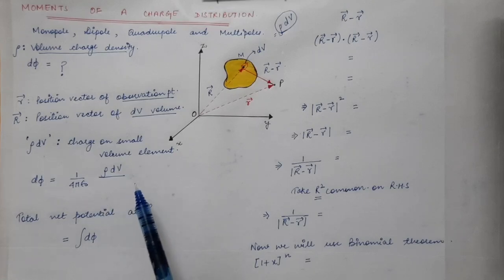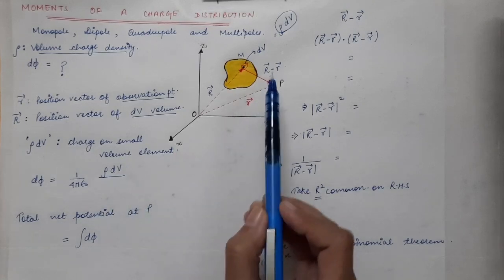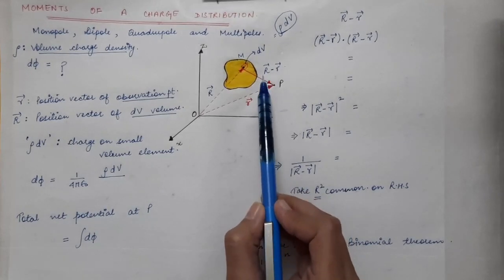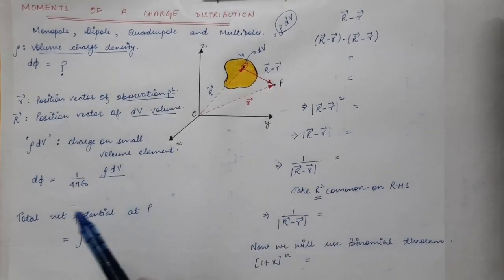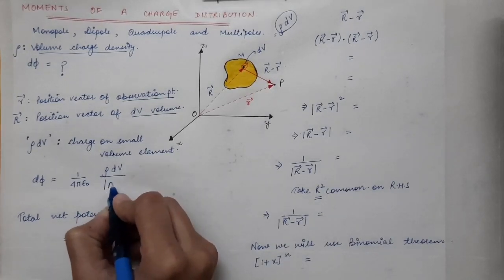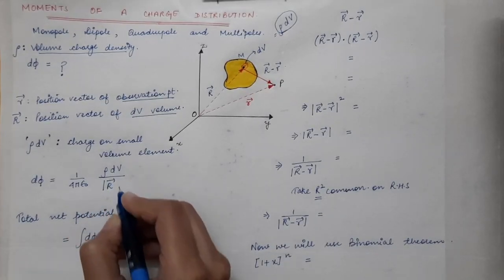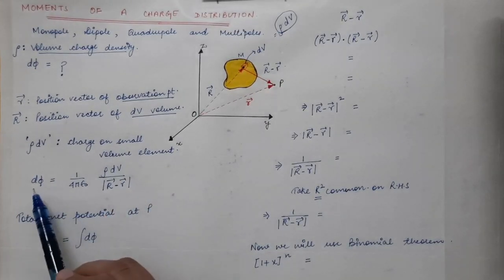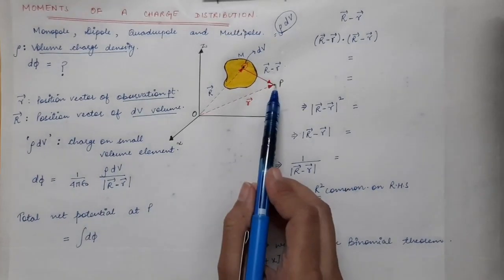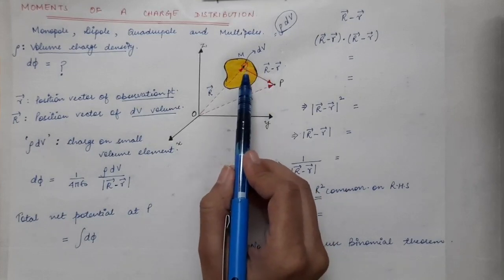We never have a vector, and distance is given by the magnitude of this vector quantity. So in the denominator, we will have the mod, that is the magnitude, of R vector minus small r vector. So this is the potential at P point due to the charge present on this small volume element.